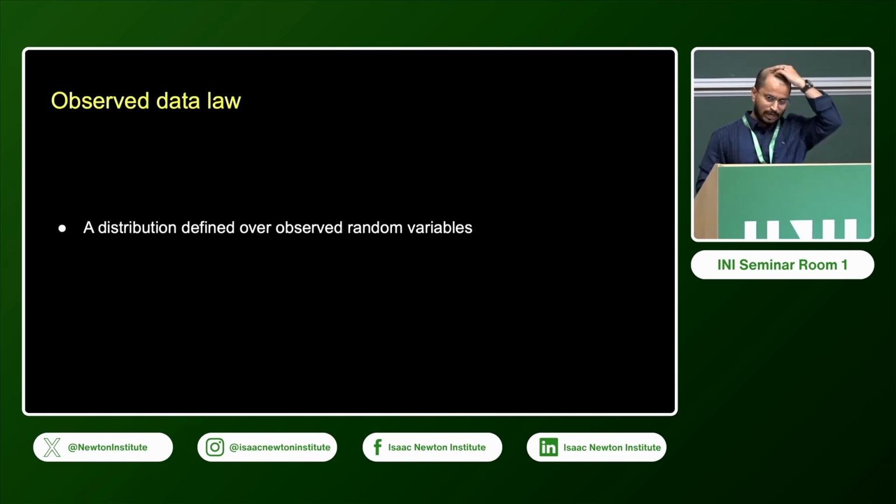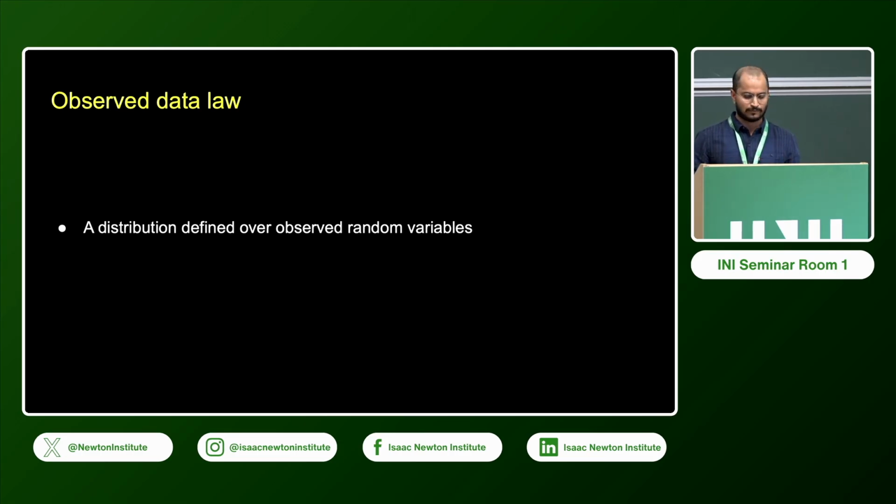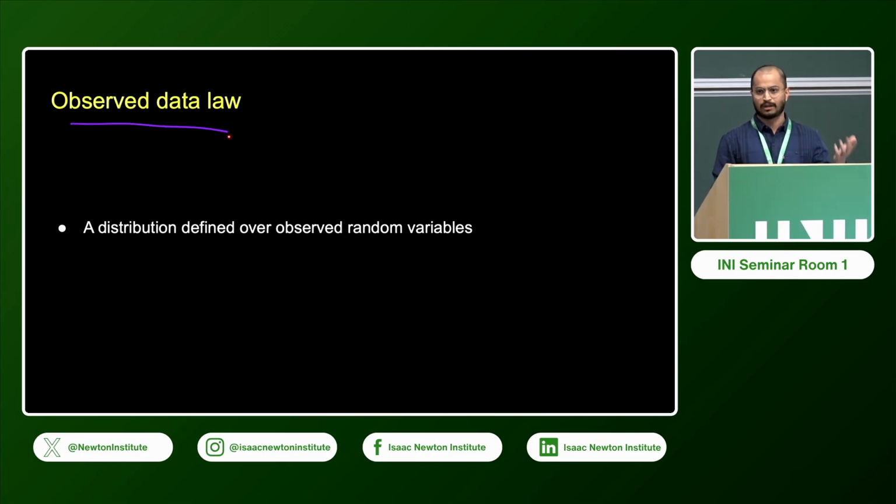Okay, so just a few definitions, and this actually is reminiscent of how we define stuff in the missing data world, so I also work on missing data graphs. But I'll call an observed data law just a distribution over observed random variables.